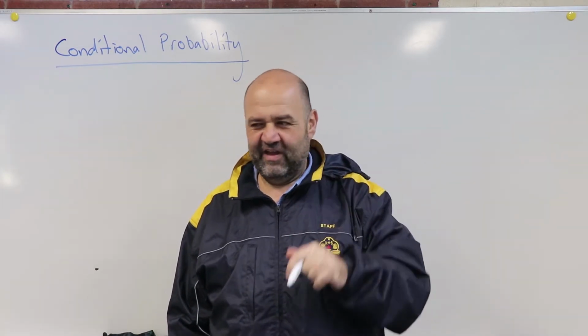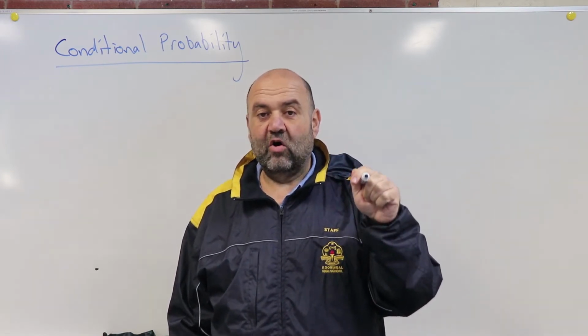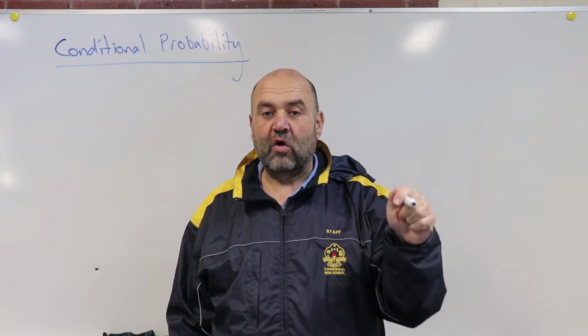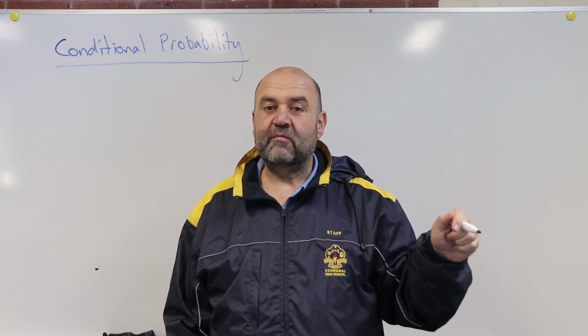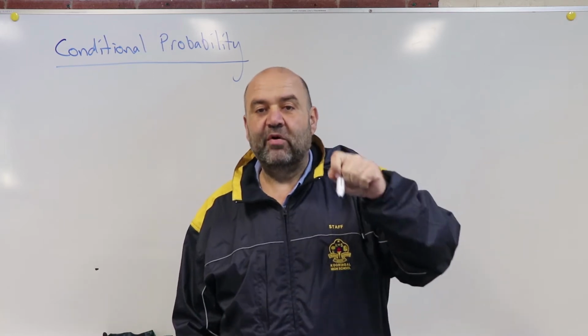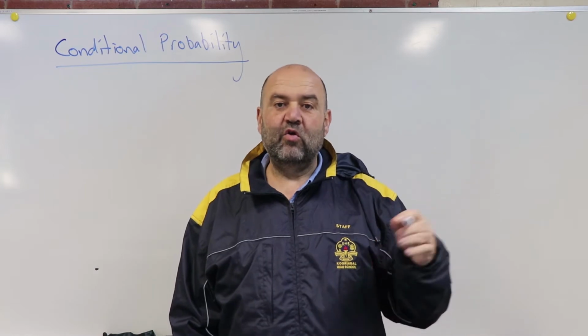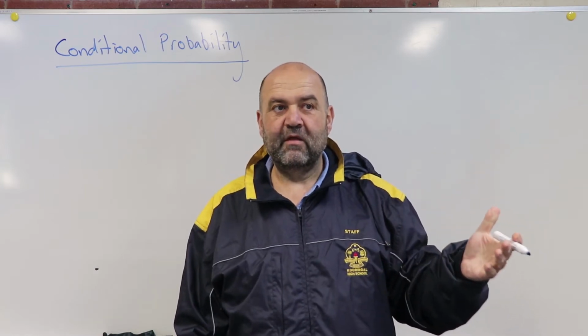What if I was to say, well, given that I'm looking for people who like rugby league, what's the probability that if I pick a person who likes rugby league, that they will be one of the people who like tennis? Okay.